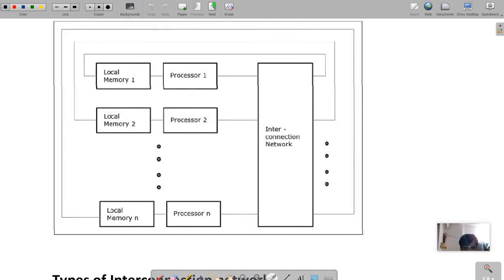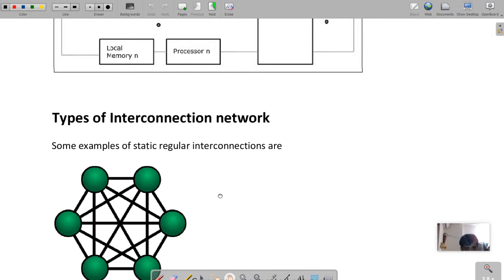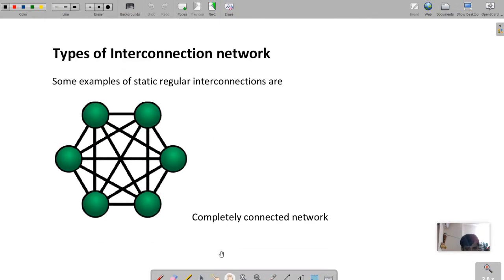So just before diving deeper, have a look at a few diagrams. Say these green circles are your processors.